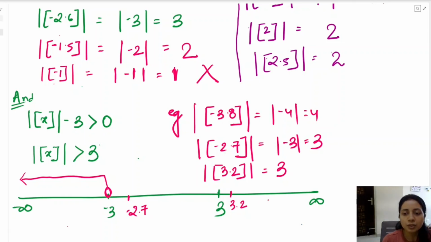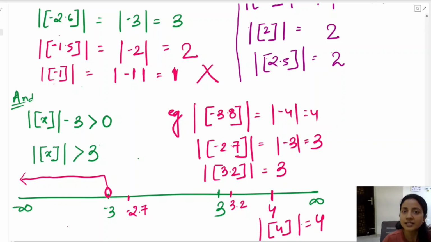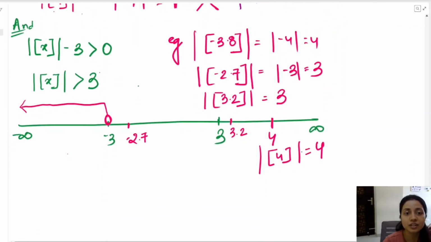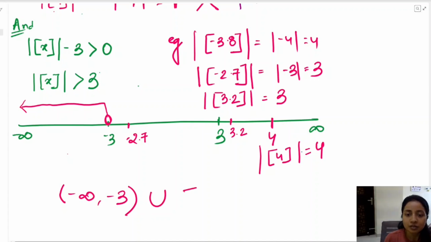What about 4? If we take 4, then we will be getting just 4, and yes, this is satisfying our inequality. So for this particular inequality, the solution region will be minus infinity to minus 3, open interval, union, closed interval starting from 4 and going till infinity.